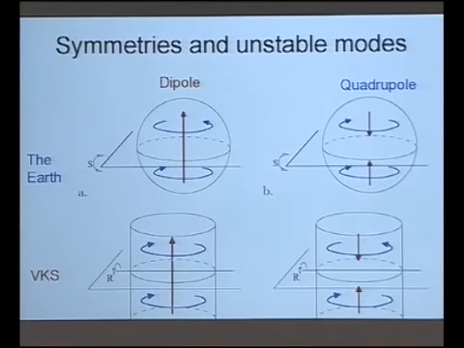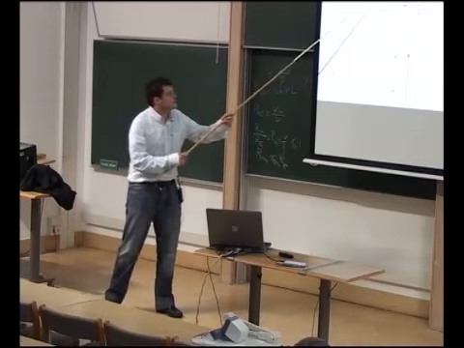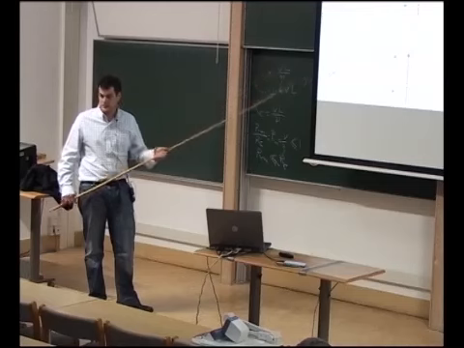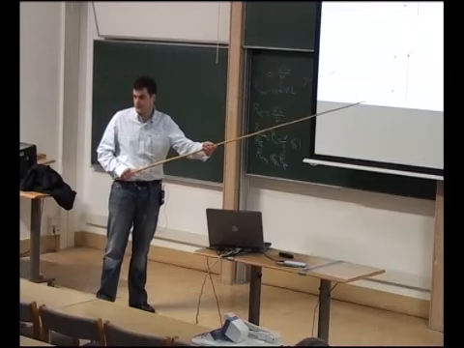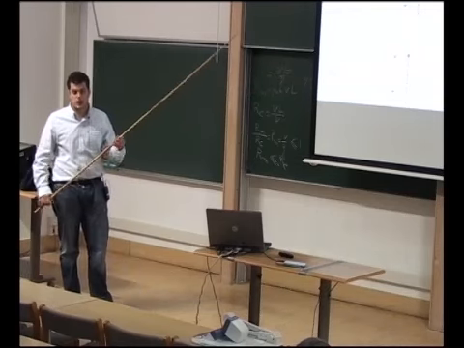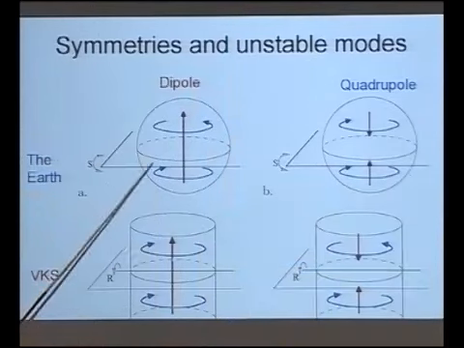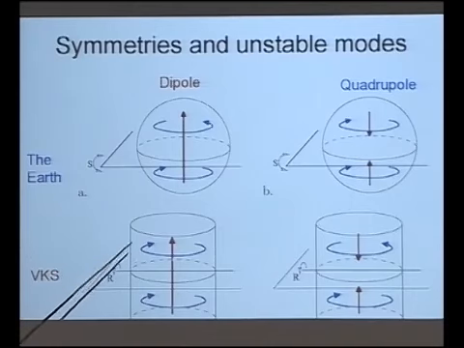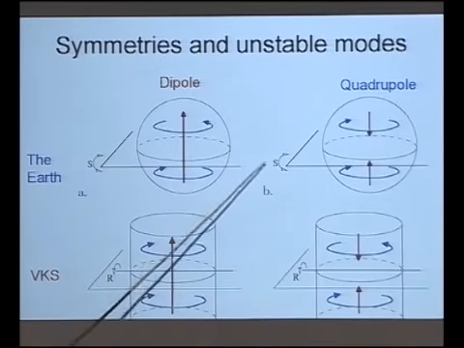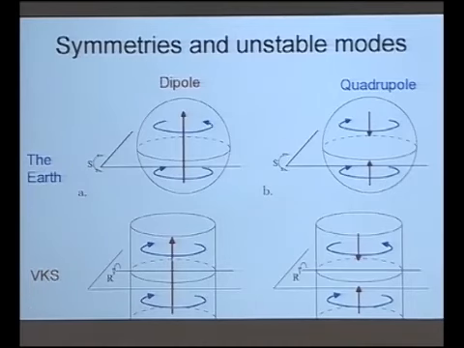For the Earth, the Earth does not display this symmetry of rotation, but it's convection between two spherical shells in a regime where it's rapidly rotating. So you expect an equatorial symmetry of the system instead of a rotation invariance. With this symmetry, you can define modes that are odd and even under the transformation, and you realize that a dipole field that I have sketched here is a mode that is even under the symmetry, whereas you can also construct another mode, a quadrupolar field, that will be odd under this symmetry.